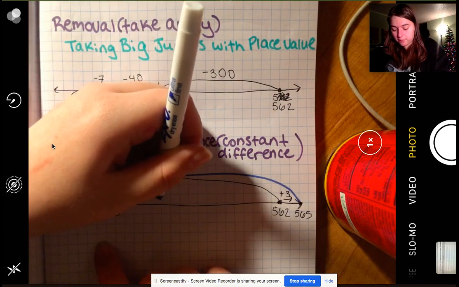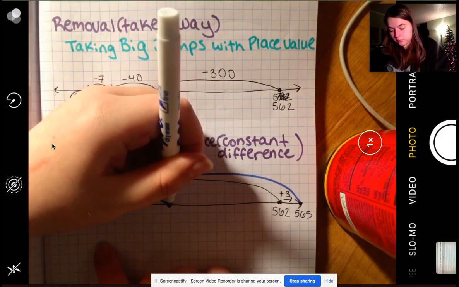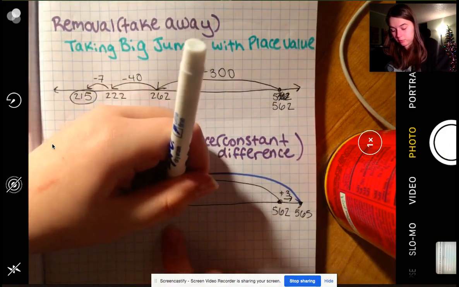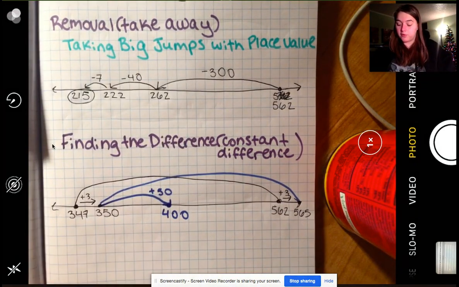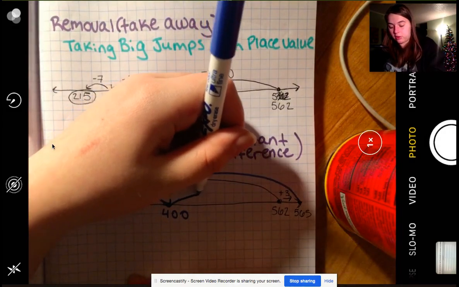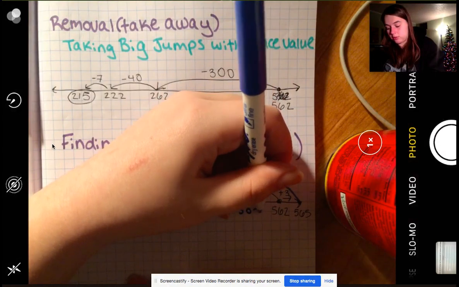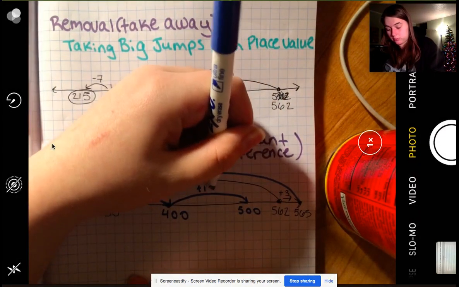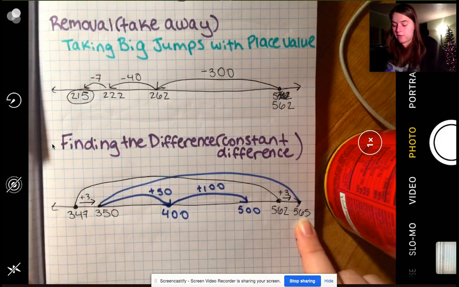if you jump by 50, you would end up at 400. And then what's the difference between 400 and 565? Well, I know we'd have to jump by another 100 to get to 500. And then how many more to get to 565?